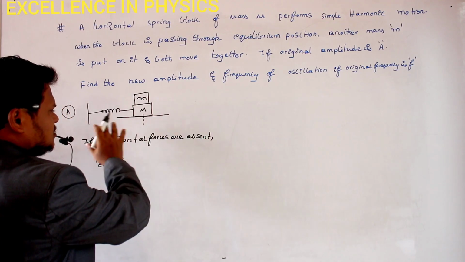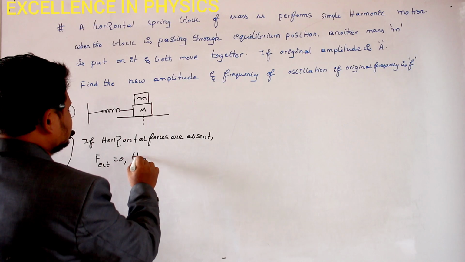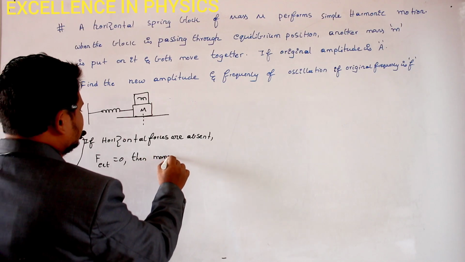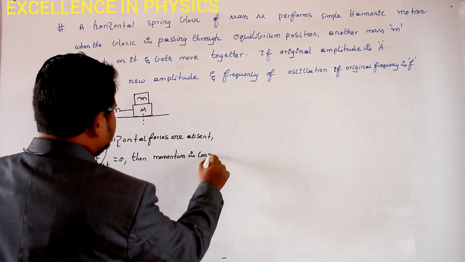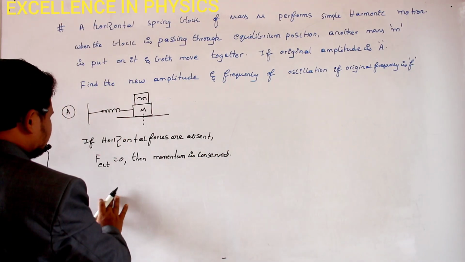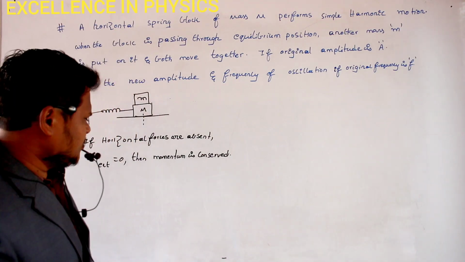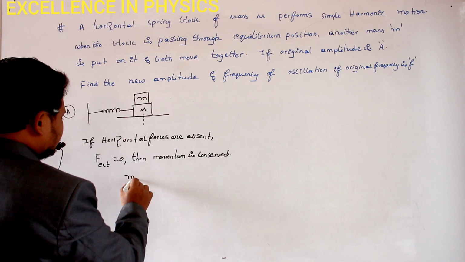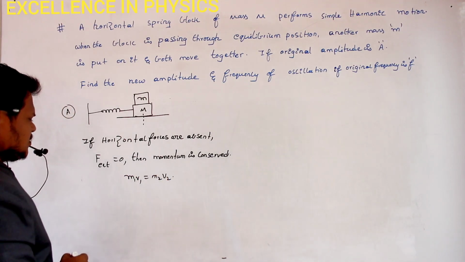So in the horizontal direction, the forces applied are 0, then momentum is conserved. Momentum will always be conserved. What is conservation of momentum? Total initial momentum is equal to total final momentum. Therefore I can write m1 v1 = m2 v2.